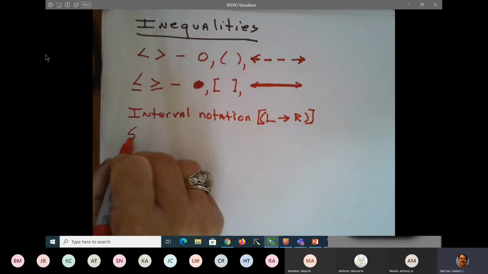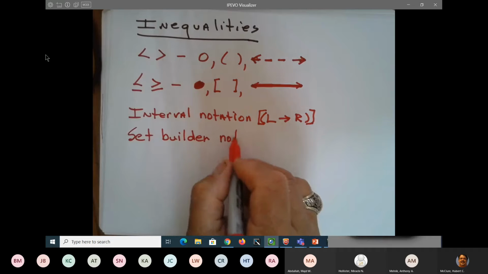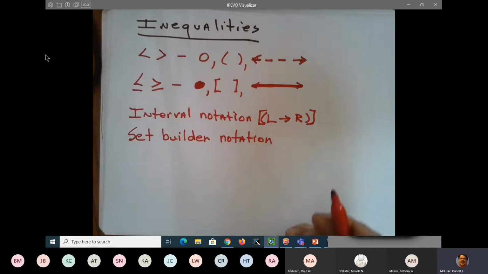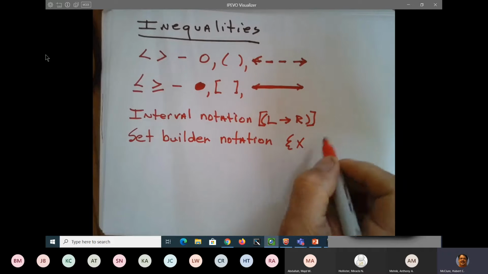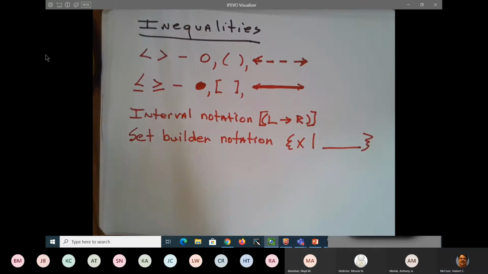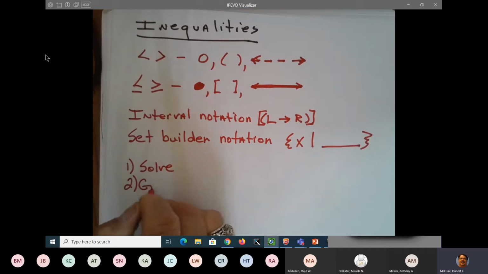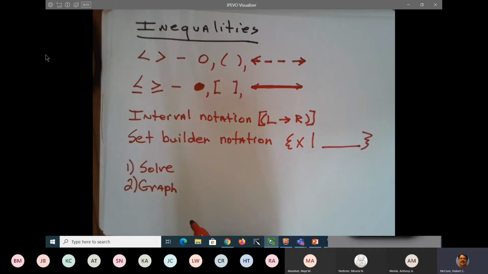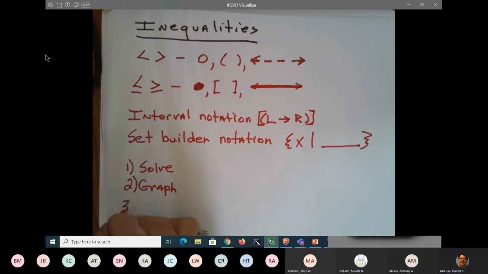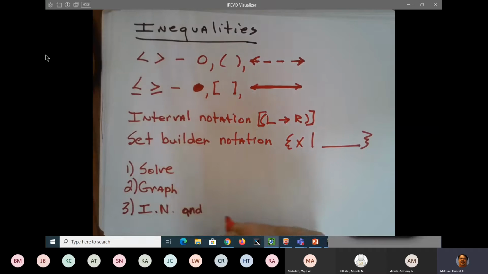And then you have set builder notation, which is a little bit fancier way of writing braces x such that, and then whatever your solution is. And I also tell students, this is what we do when I teach: solve, graph, whether it be on a number line or a two-dimensional graph, write in interval notation and set builder notation.